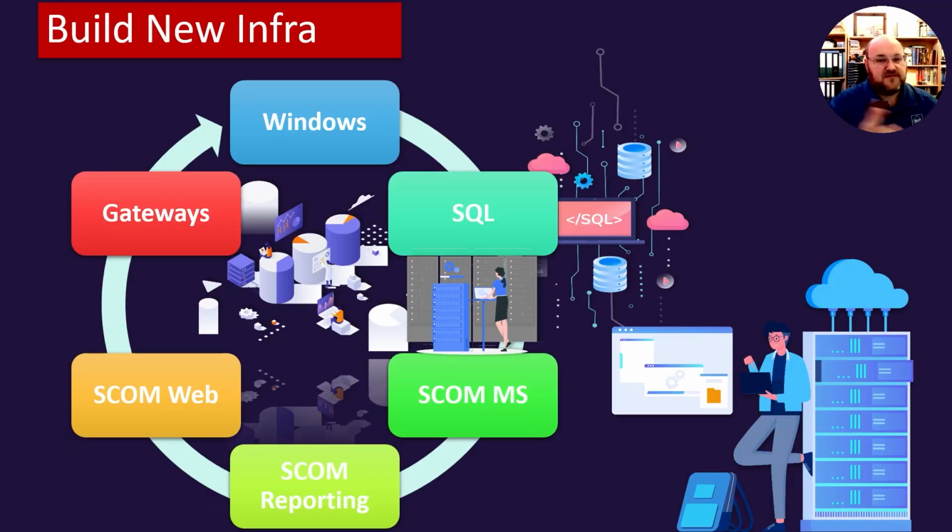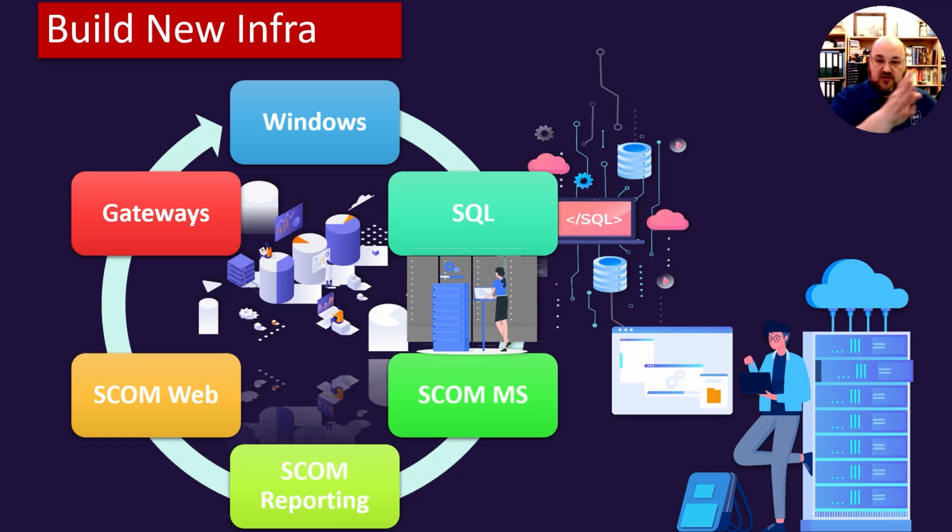As we said before, for a side-by-side migration, you need to set up a new SCOM infrastructure. The existing one just keeps running in the meantime. We set up new Windows servers, SQL servers, and SQL reporting. We get our new management group with the first management server there and keep adding management servers as needed.